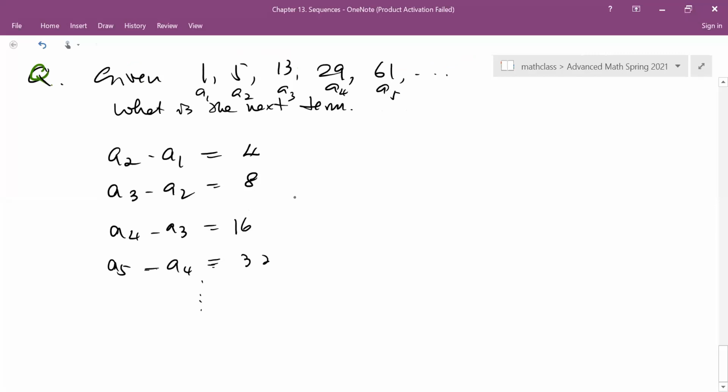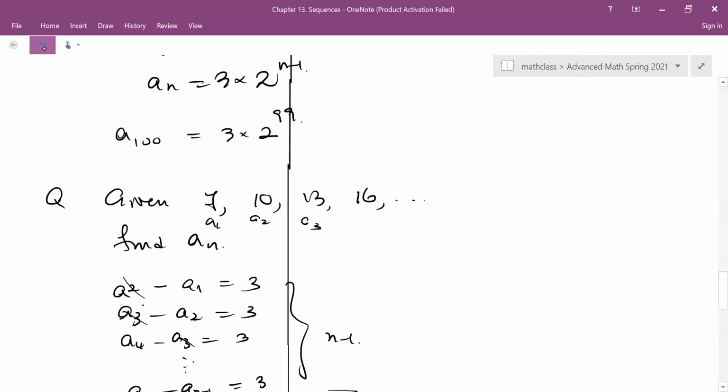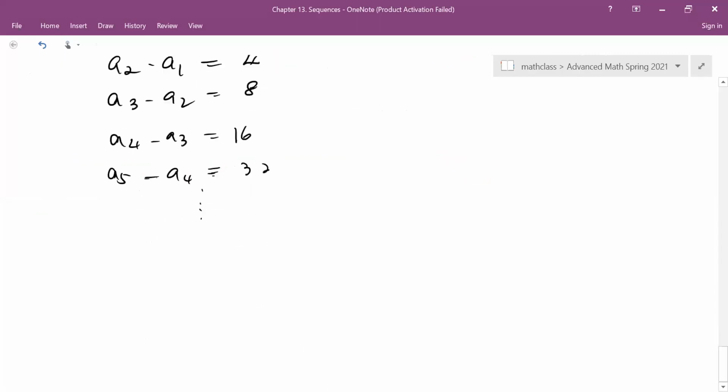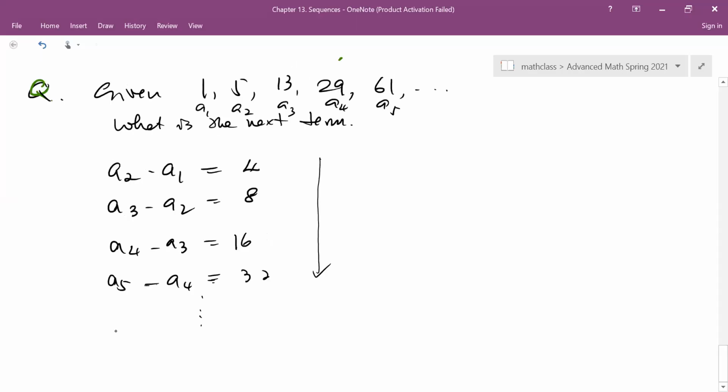So from here, this is called the secondary sequence we get, like 4, 8, 16, 32. This is a geometric sequence, so you just double it. Therefore, A6 minus A5 is going to be 32 times 2, every time you multiply by 2, 64.